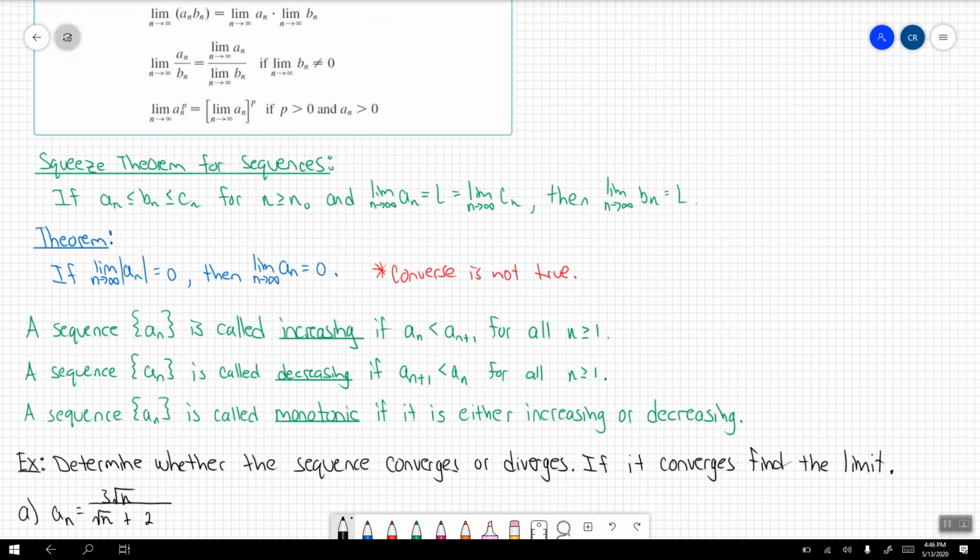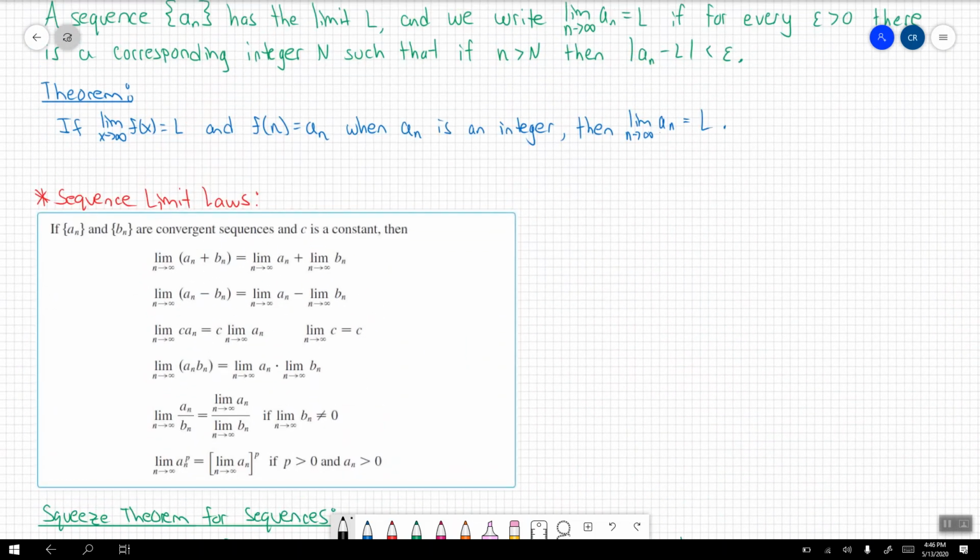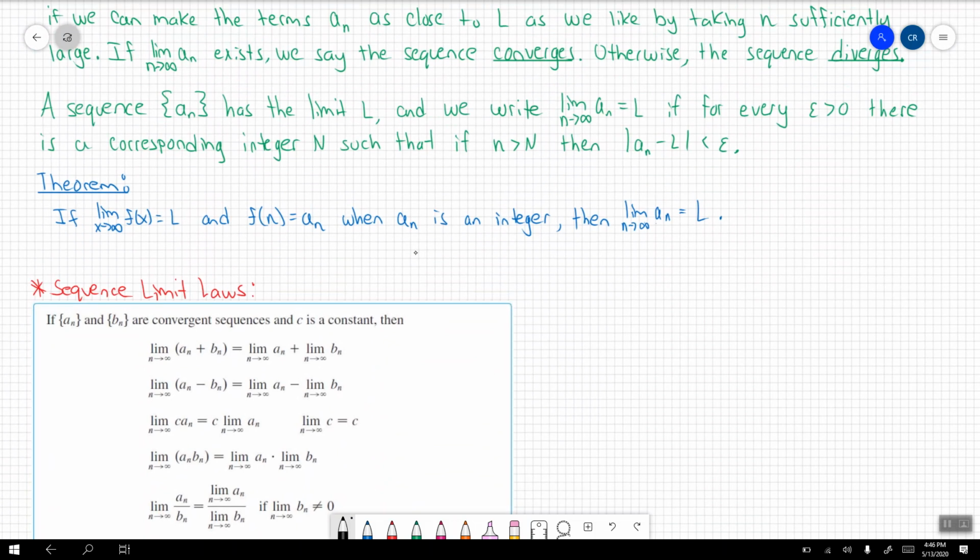Now, what I'm going to do here is use this theorem right here. It says that if I can establish that the limit as x goes towards infinity for some function f of x is equal to L, then when I make my substitutions for that explicit function in my sequence, that limit should still hold.